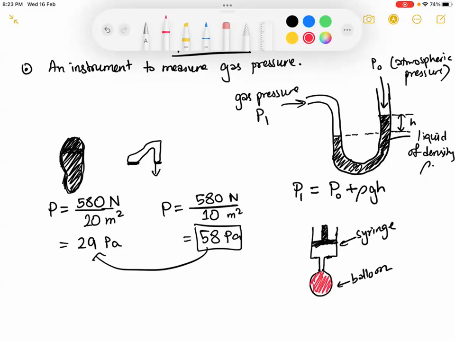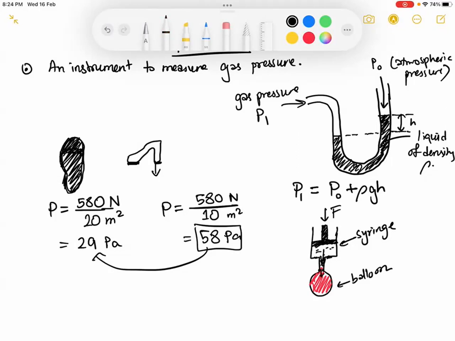Let's say I've stuck a balloon to a syringe. Okay. So obviously, if I put a certain force to this syringe and push it down, all this gas, there will be a pressure due to this gas moving into this balloon, right?